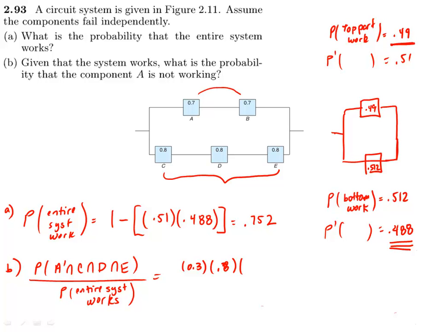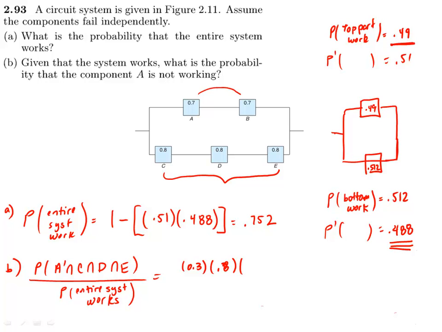Okay, so if you know component A is not working, basically you're saying that the system will work through these three components, right? So we need to look at the intersection of these three events because having this component working would not make the system work.